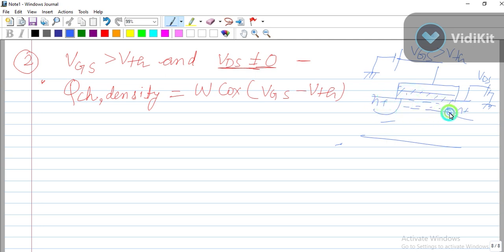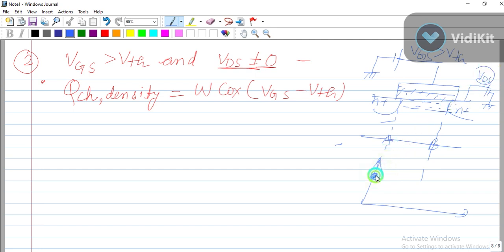On this side, we call it point A and this one point B. At A, there will be no impact of VDS, right?